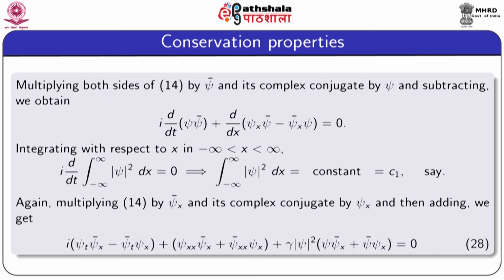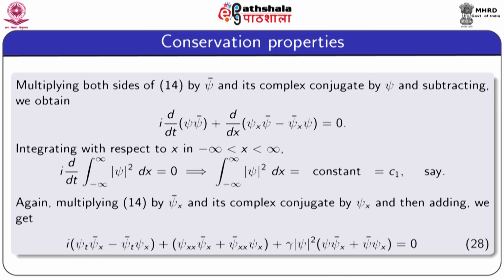Now, integrating with respect to x on both sides, we get i d/dt of integration mod psi square dx equals 0, where mod psi square equals psi into psi bar. So, this gives integration of mod psi square dx equals constant C1. So, this is one of the integrals of nonlinear Schrodinger's equation.